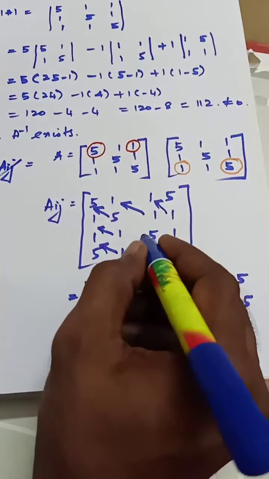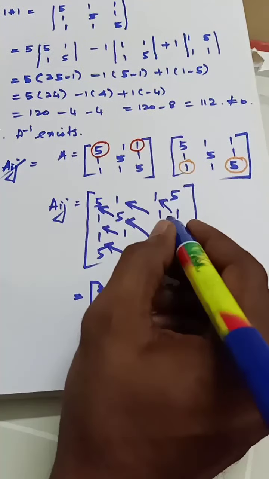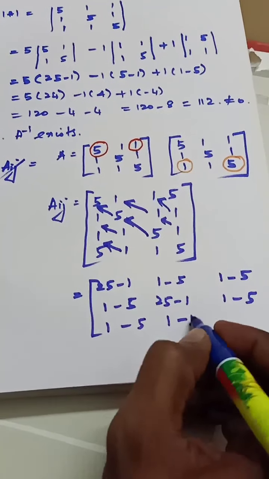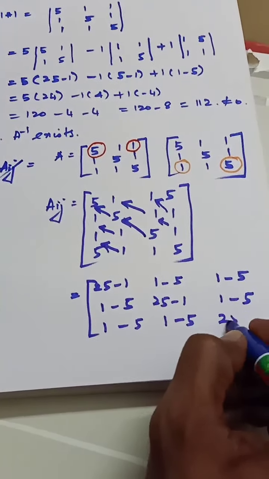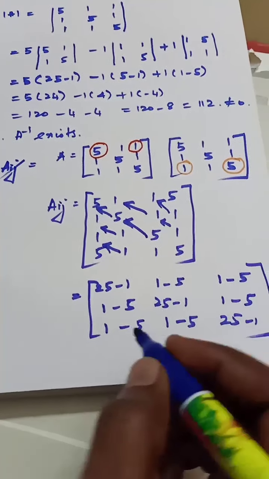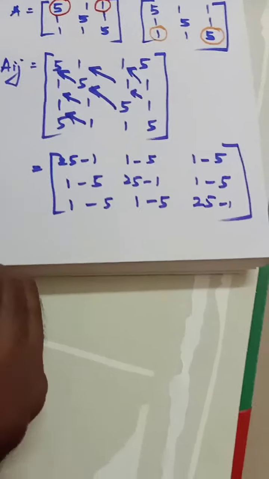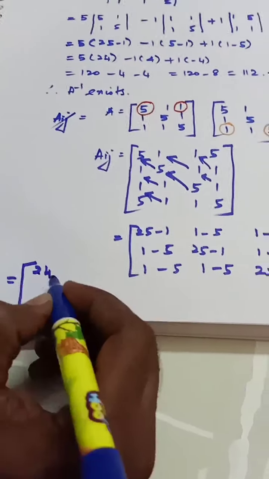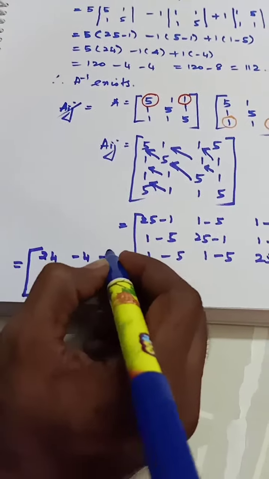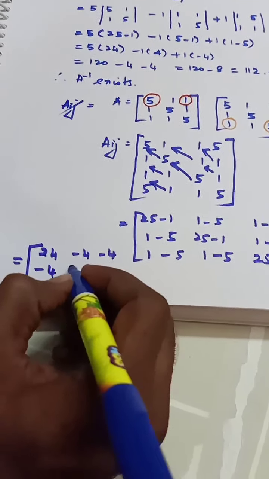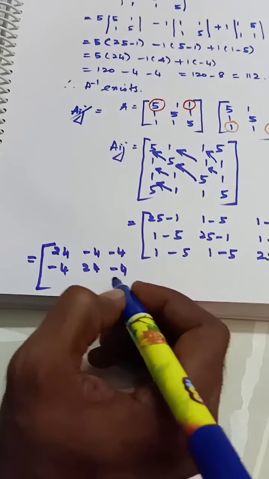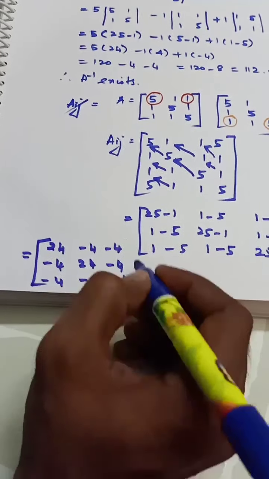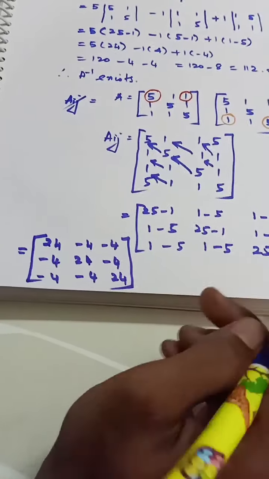The third row will be 1 minus 5, 1 minus 5, 25 minus 1. So that is nothing but 24, minus 4, minus 4; minus 4, 24, minus 4; minus 4, minus 4, 24. This is our cofactor matrix.